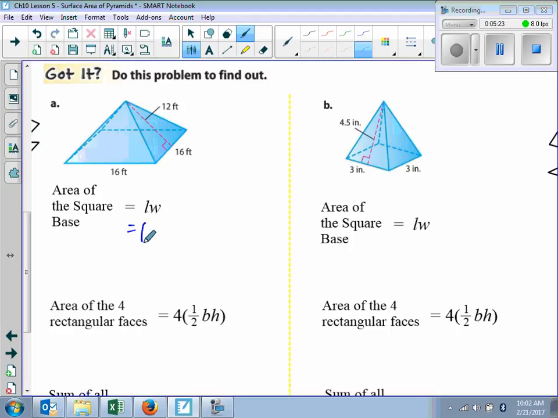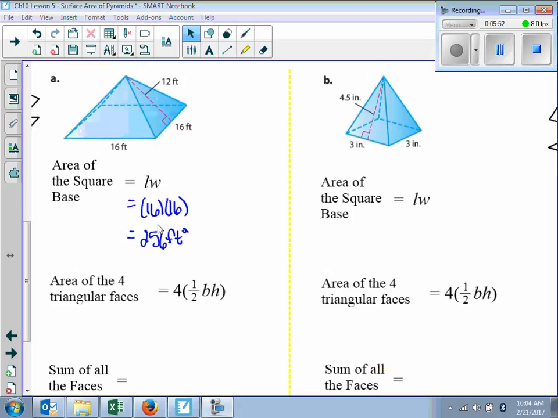So that's going to be 16 times 16. All right, so this is equal to 256 feet squared. If you want to wait till the very end to put your units, I'm okay with that. Okay, just don't forget to put them at the end.